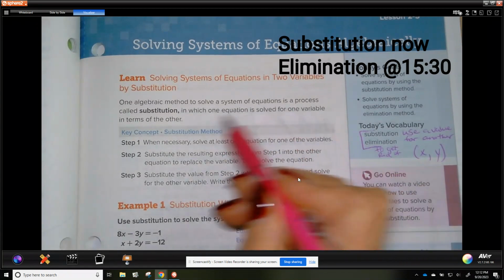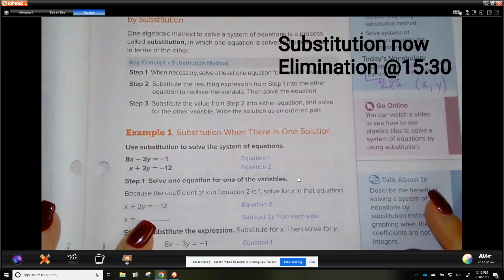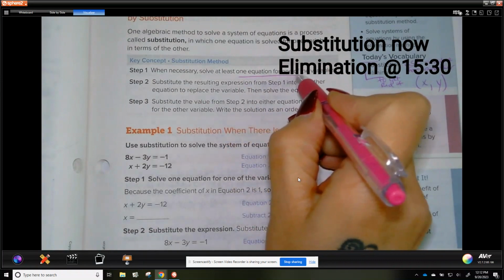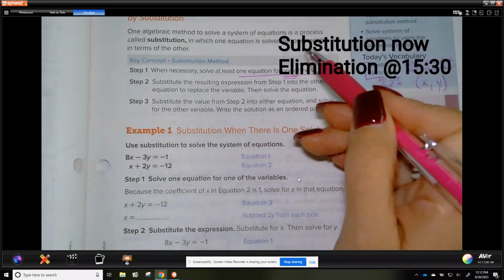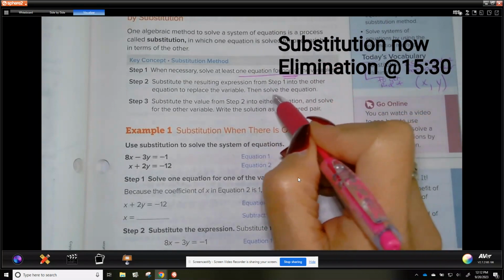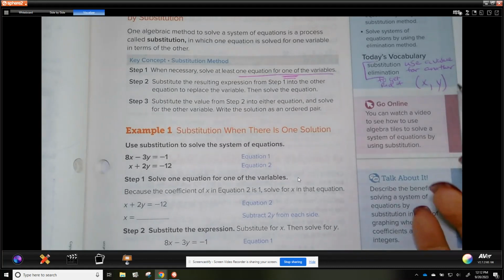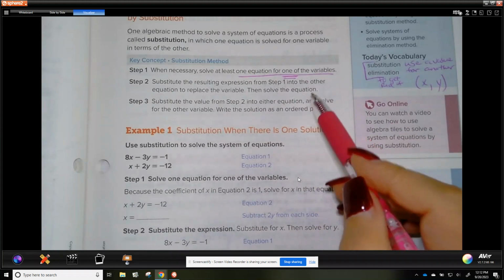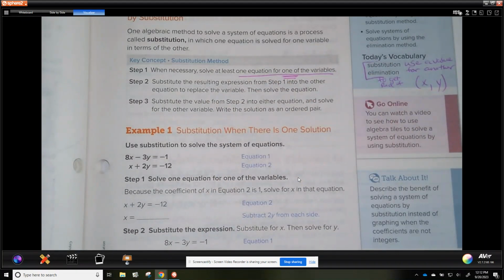One equation is solved for one variable in terms of another. So you solve one equation for one of the variables, and then you plug that into the other equation and solve that equation. Say you solve for x, then you plug into whichever equation you want to use and solve for y.